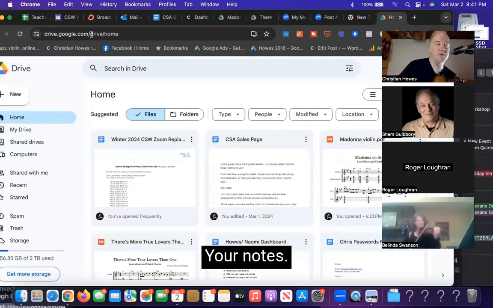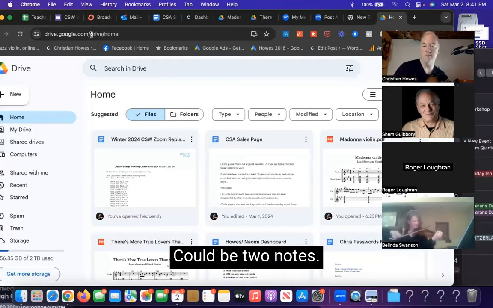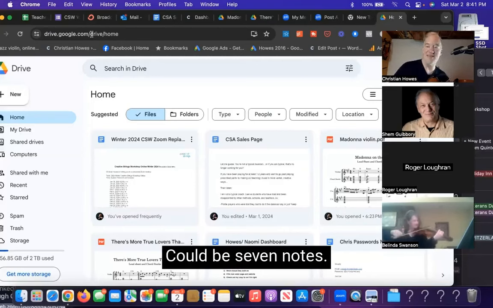That rhythm, your notes. Da, da, da, da, da, da, da. Could be one note, could be two notes, could be seven notes.